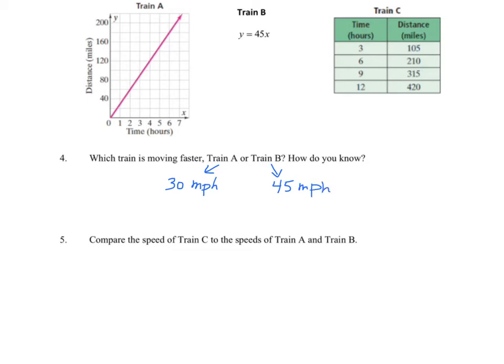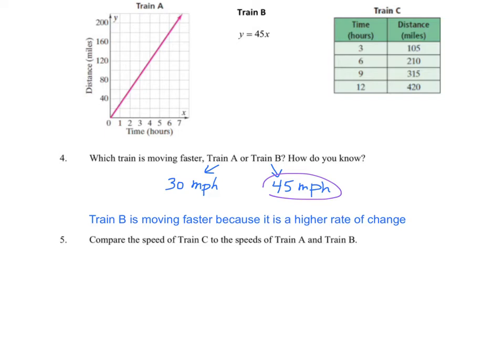So the question's asking which train is moving faster? Well, train B is. And how do we know train B is moving faster? Because it's a higher rate of change. All right, so train B is moving faster because it's a higher rate of change.